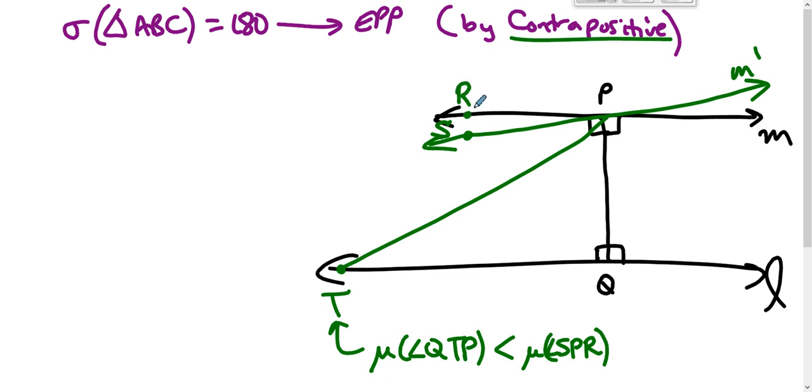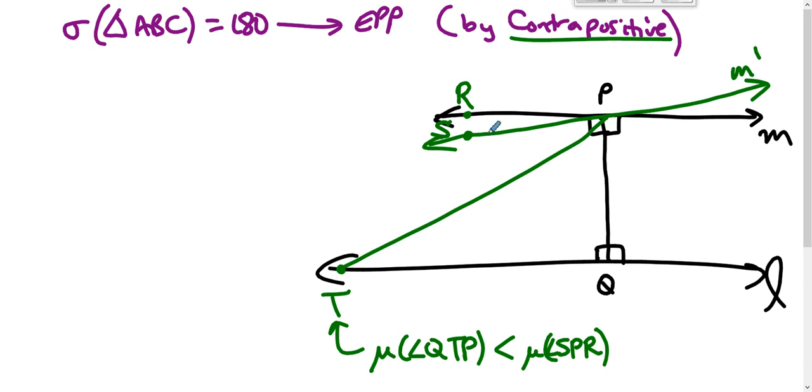So we pick R to be on the S side of PQ and also on line M. So basically, we want to pick a point T so that the measure of angle QTP is less than the measure of angle SPR. How can we do that?